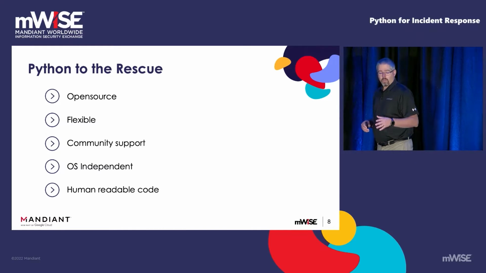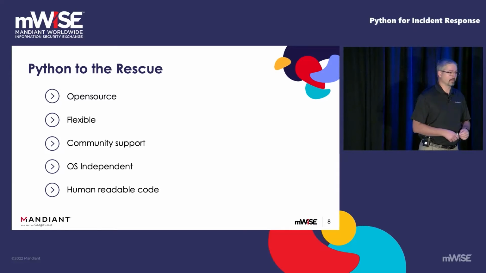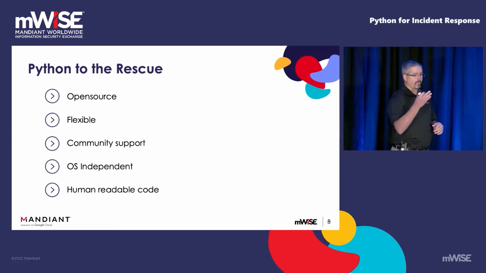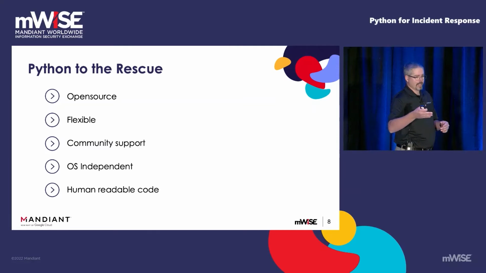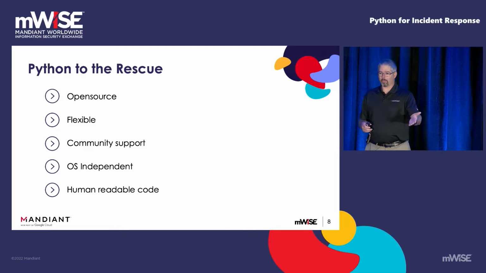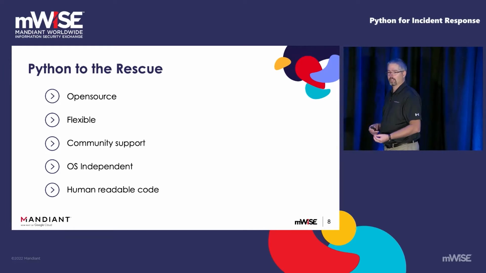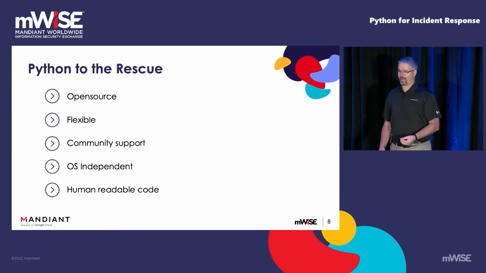So that's great. And it's human readable, or at least a little bit more human readable than most, right? If I say for X in Y, I understand I'm looping through something. If I say print, well, I'm going to print something out to the screen. If I have an if statement, it says if as part of that. So it's a little bit easier to understand for new folks that maybe haven't done that before, right?